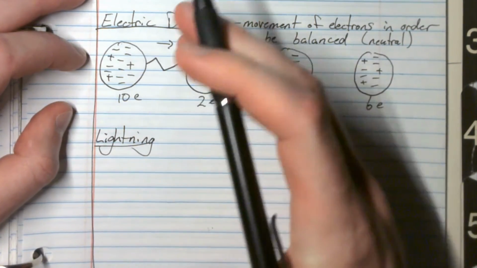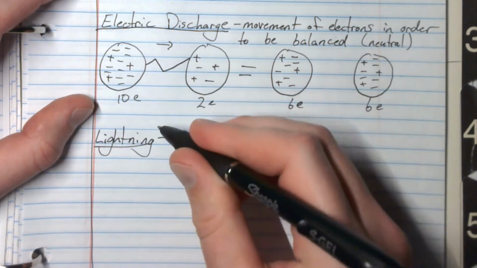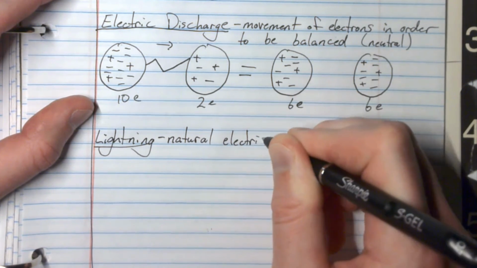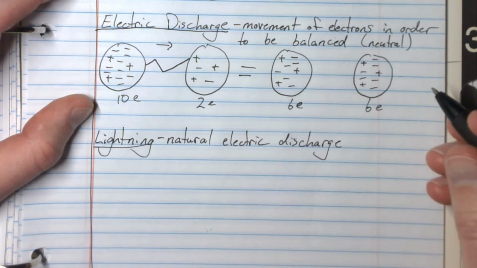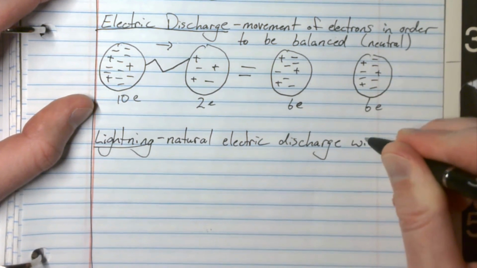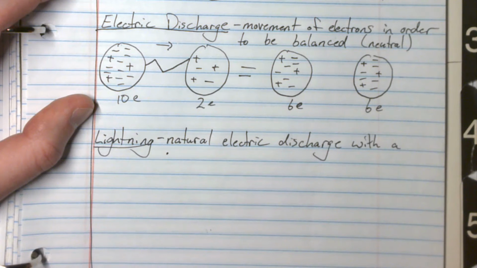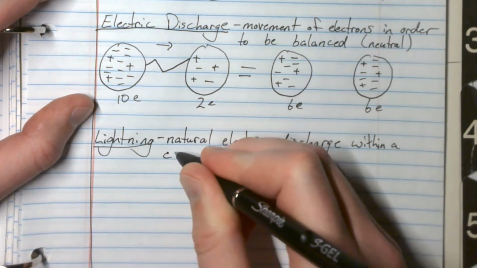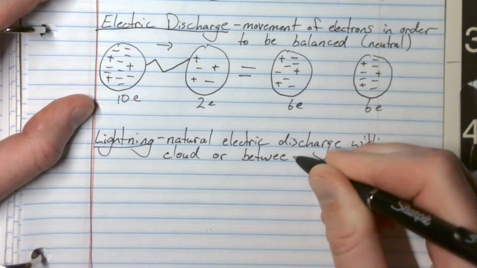Lightning is just like a ridiculously huge example of this. So this is going to be natural electric discharge. And it's going to be involving, so it's within a cloud or between a cloud and the ground.